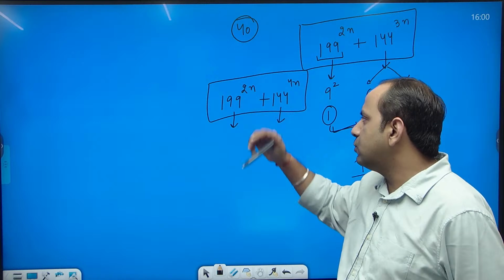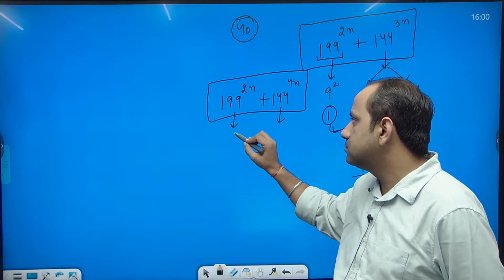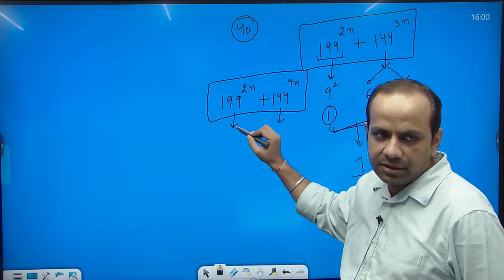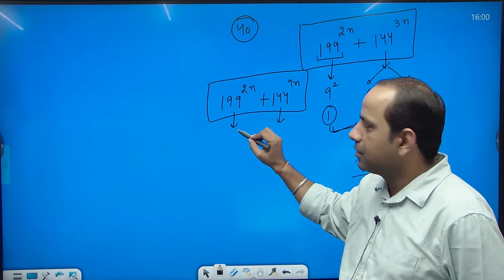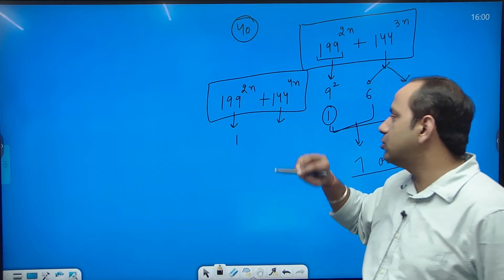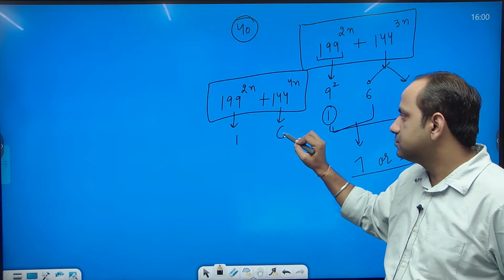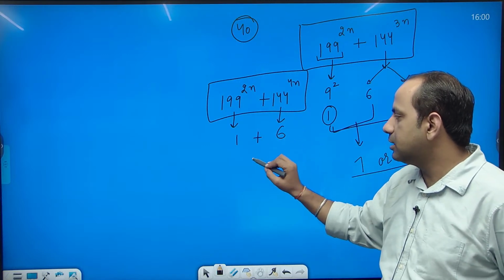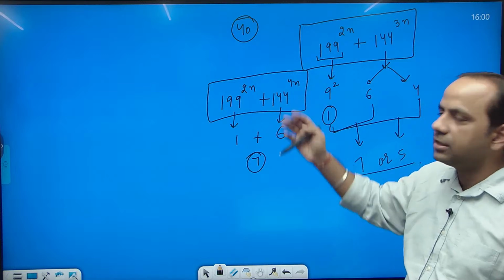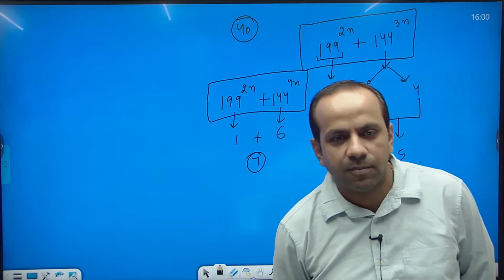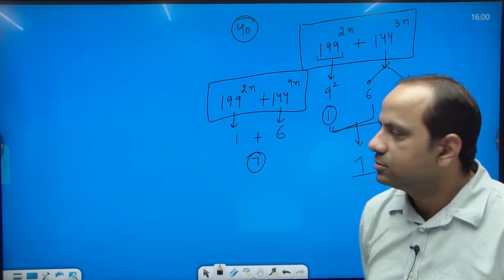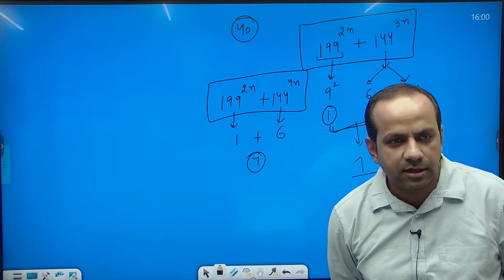Second category, power divisible by 2, so the unit digit will be 1. In this case too, so the answer is fixed, reason being whether the power is 2n or 4n, both are divisible by 2. I hope this is clear, right?